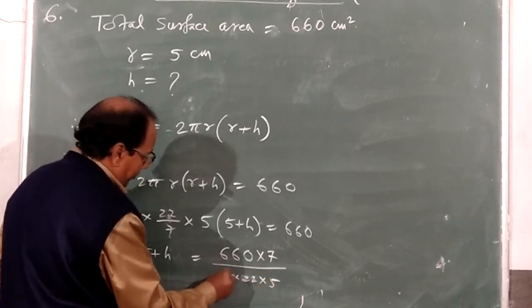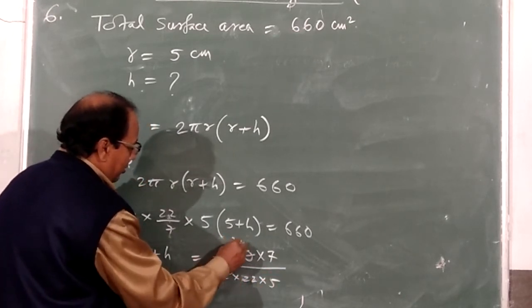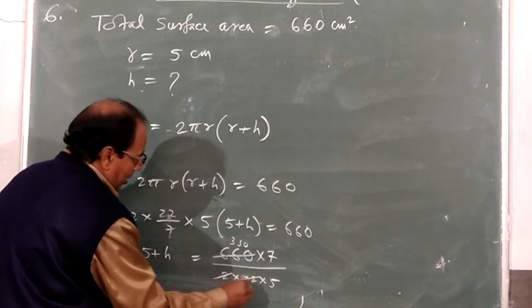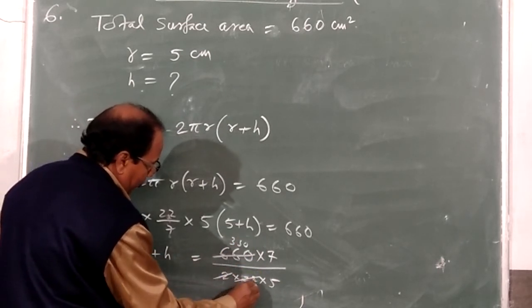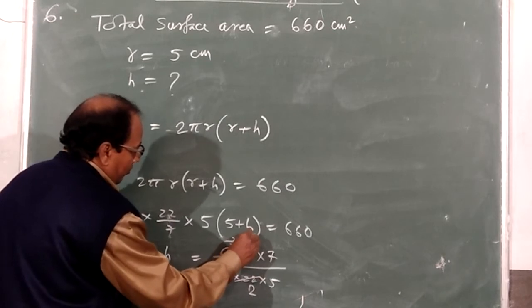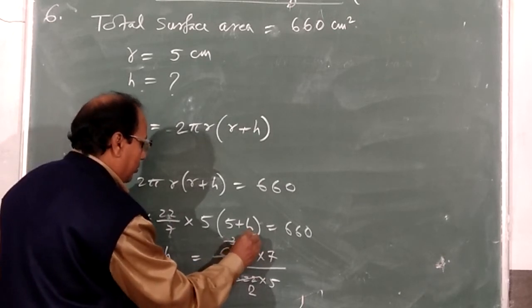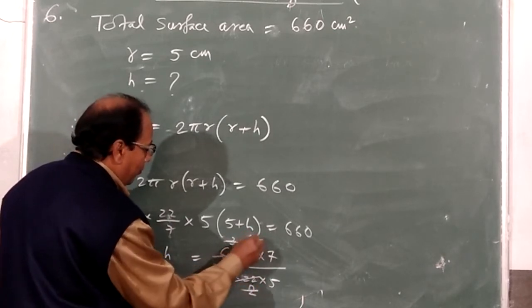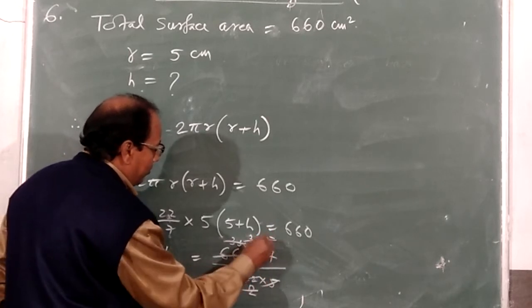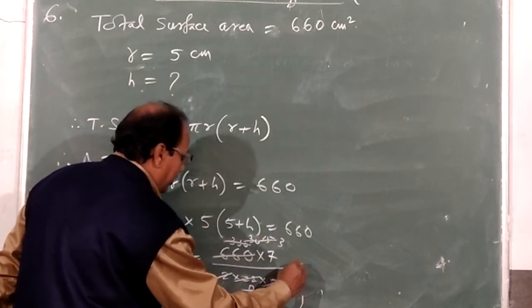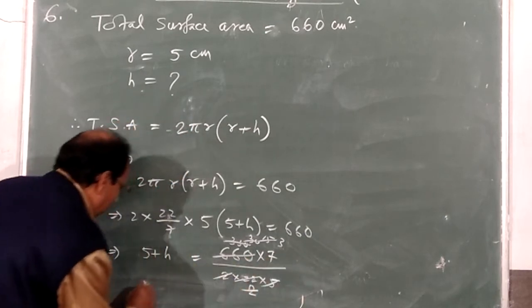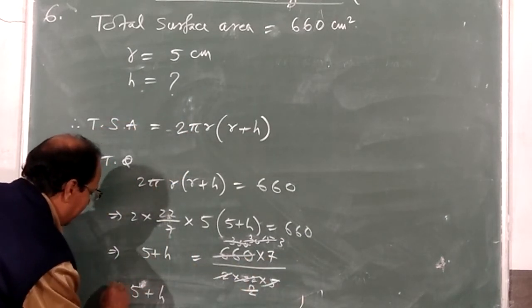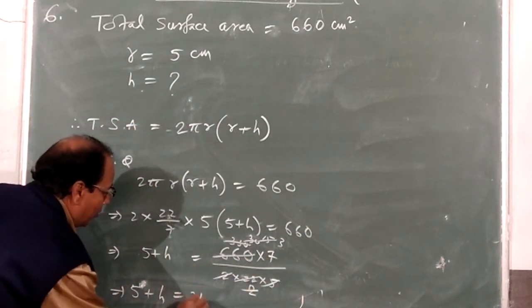Now if you calculate, 2, 3, 30, 11, 2 is 11, 11, 30, 2, 15, 5, 3. So ultimately we got here 5 plus h equals 21.